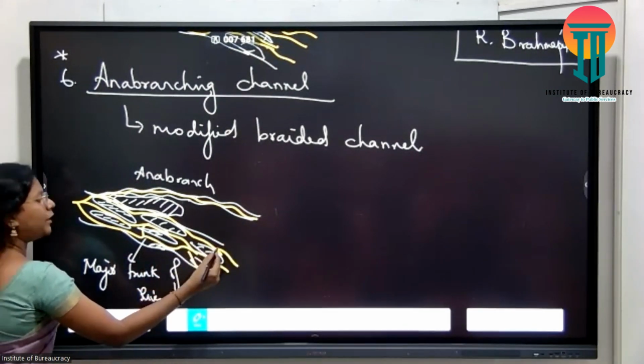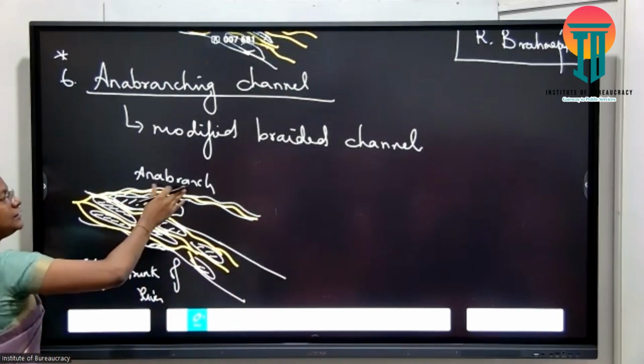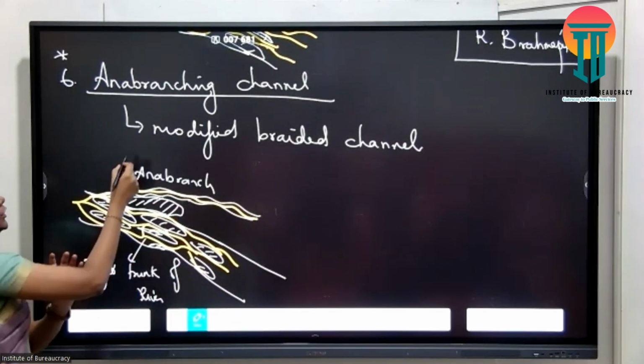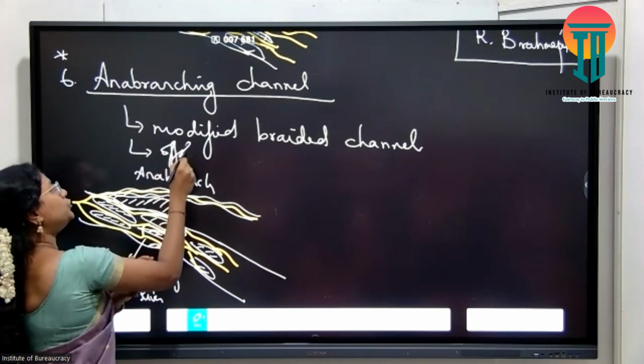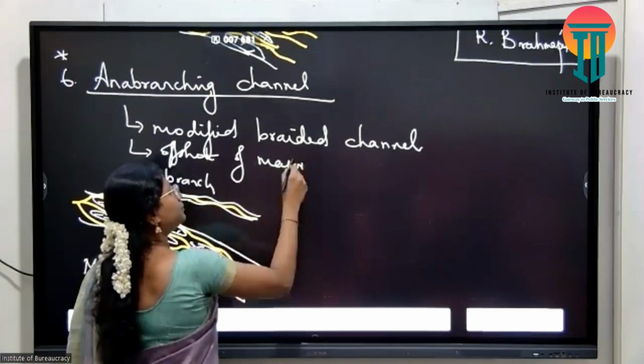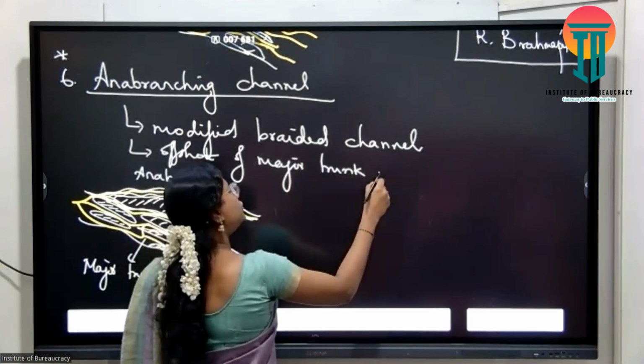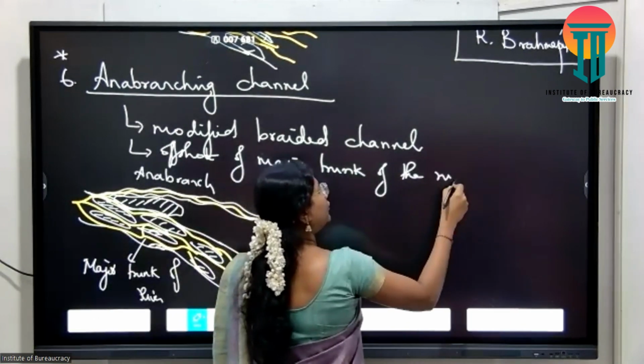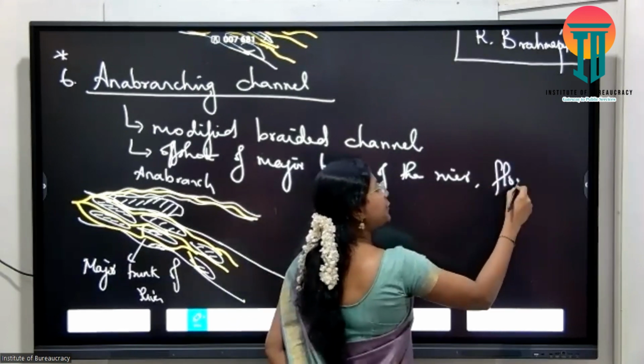Okay, you're getting me? So this is my major river stream, and this is a branch offshoot of the major trunk of the river flowing as a separate stream.